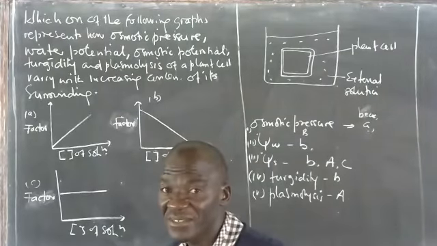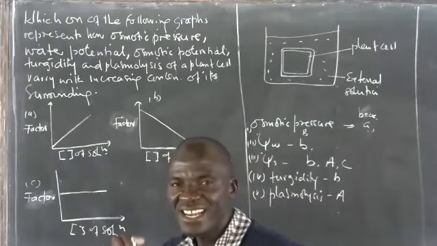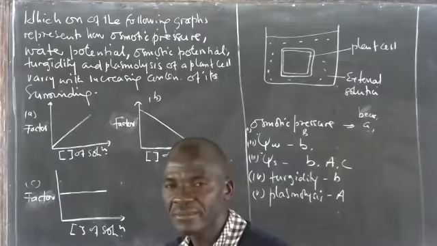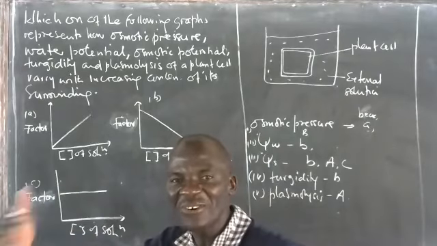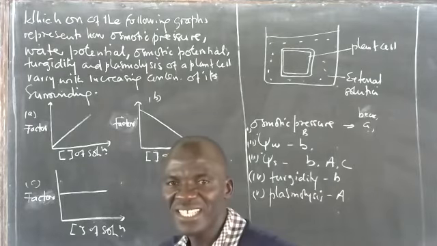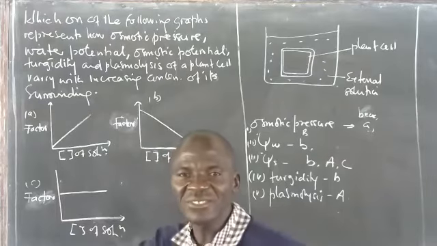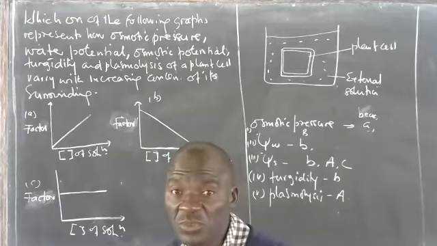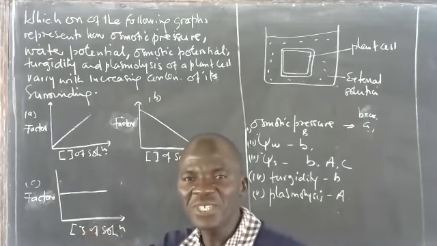That's how BS summarized it. And that would mean a dilute solution has a higher tendency of losing water, and that means its water potential will be high. And a concentrated solution will have a low tendency to lose water by osmosis, and that would mean its solute potential is very low.